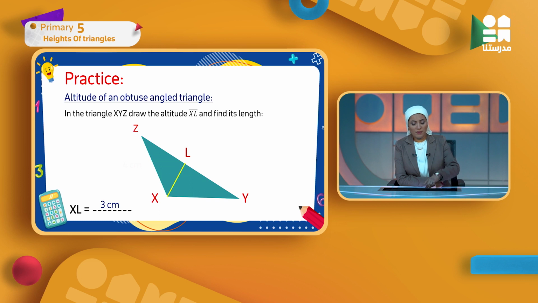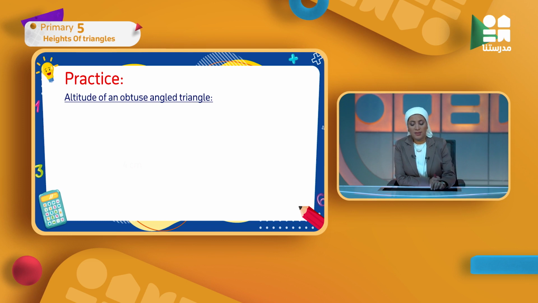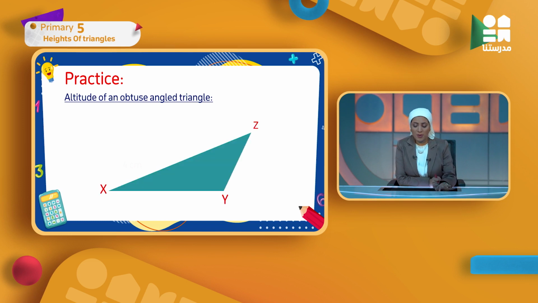Then I'll move to another one. This time I want you to drop an altitude from the point Z. From the point Z, I cannot drop an altitude inside the triangle. So first I have to extend XY, the base that is opposite to the vertex Z, to be able to drop an altitude at 90 degrees from Z on XY.